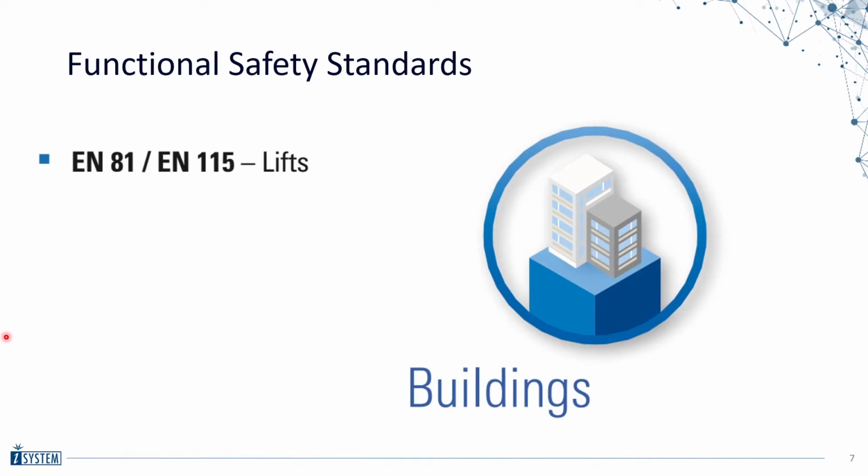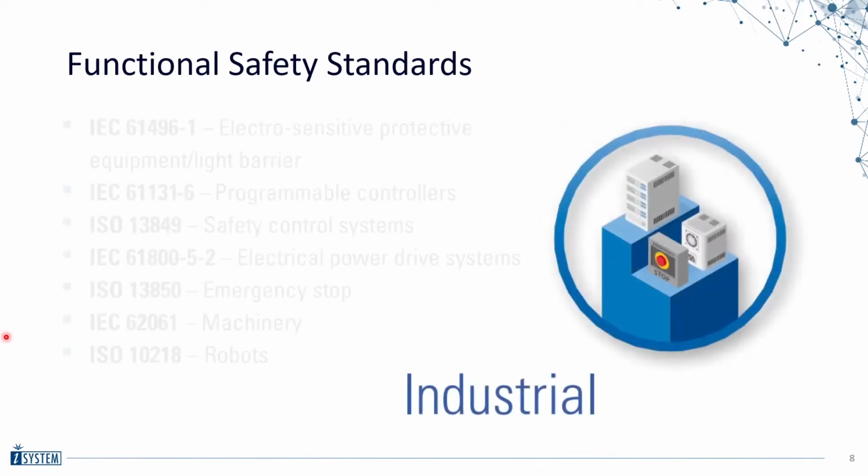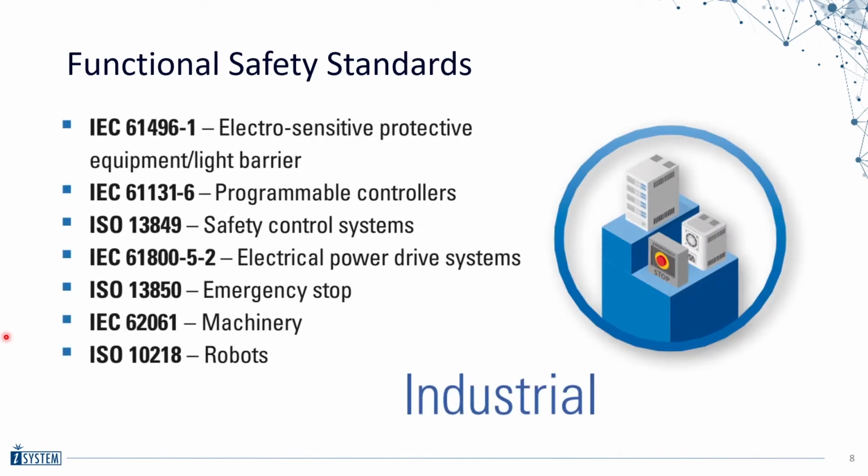All other industries that use software and hardware to control safety critical systems require certain levels of testing to ensure functional safety requirements are met. Lifts, elevators, and escalators need to be tested. The industrial market has its fair share of functional safety standards.